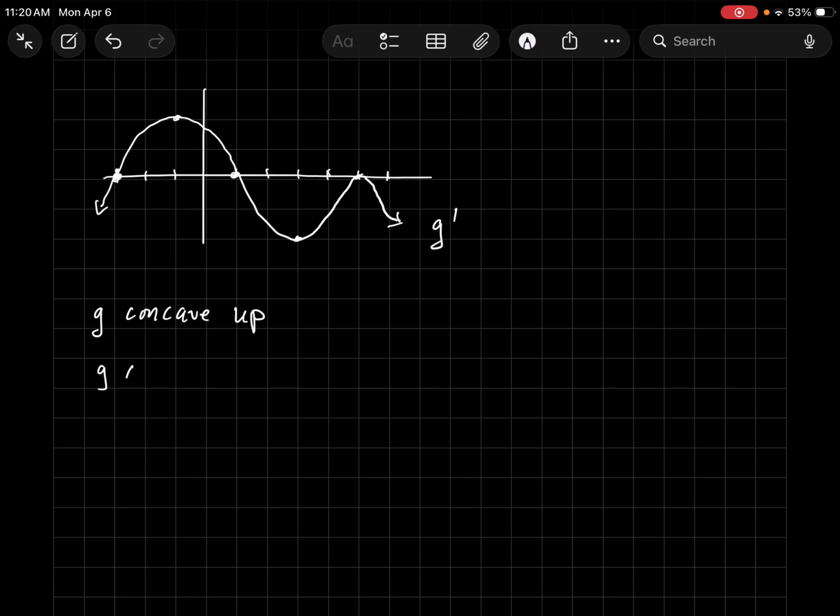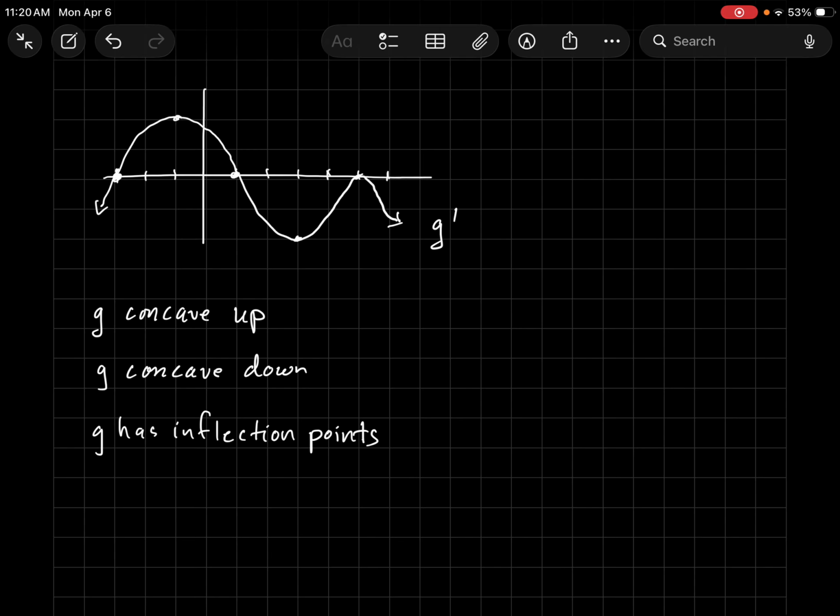Where is g concave down? And where does g have inflection points? Now, all of these keywords, concave up, concave down, inflection points, say I need to look at g double prime somehow, or maybe where g prime is increasing or decreasing.